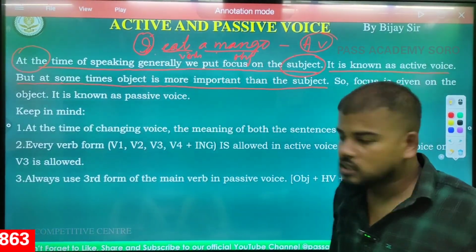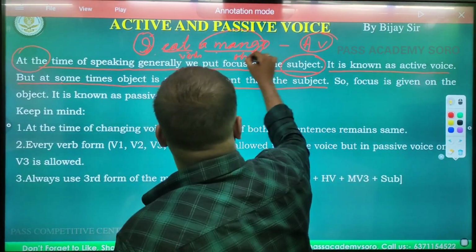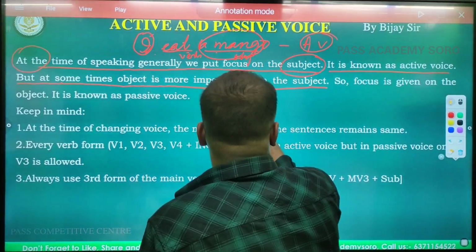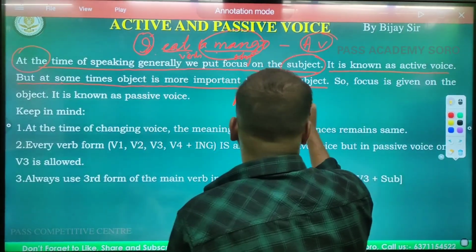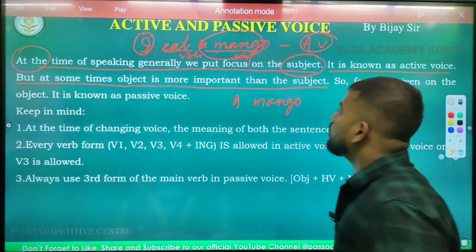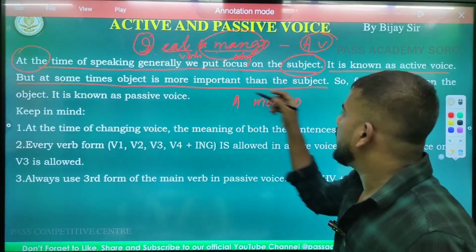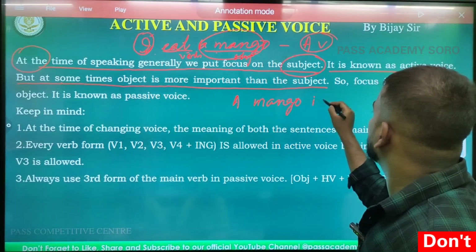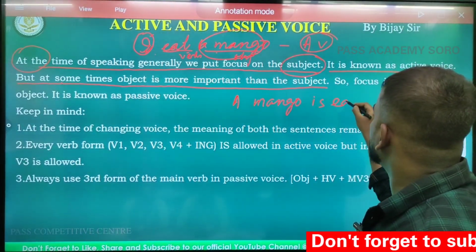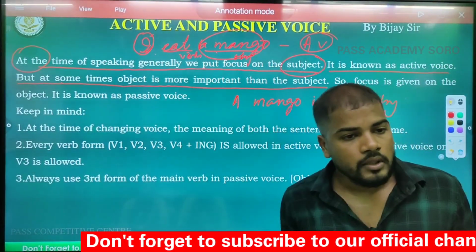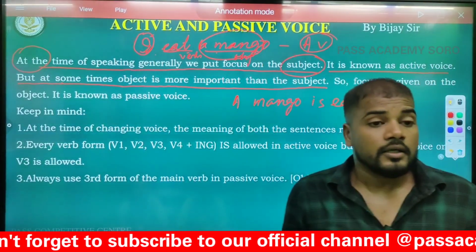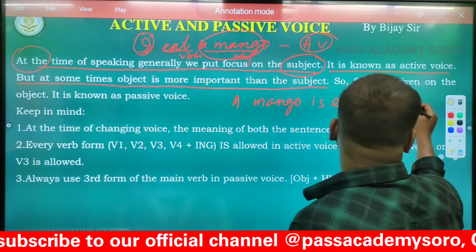So I will write the object first. Is a mango singular or plural? It's singular, so I will use: a mango is eaten by me. I is the subjective form, and when it becomes the object, the objective form is me.